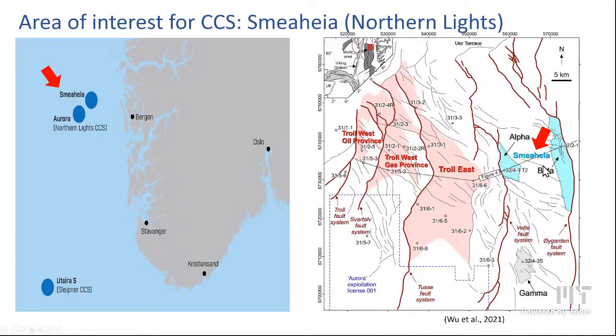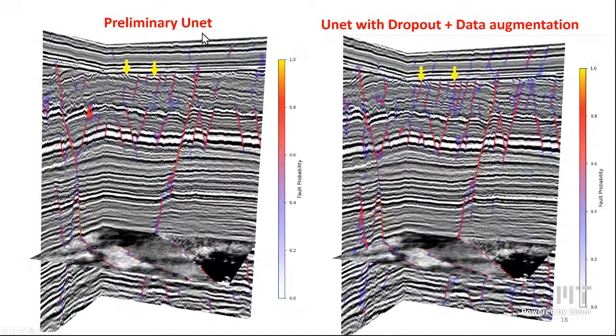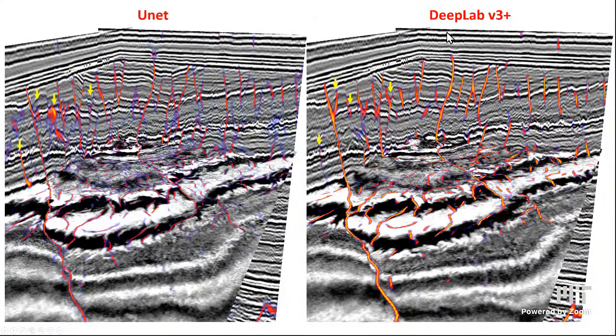This is the study area, and we compare the preliminary UNet versus the improved UNet. We see better prediction at the yellow arrows, and then we compare UNet versus DeepLab. We also see improvement with DeepLab for a number of the yellow arrows.